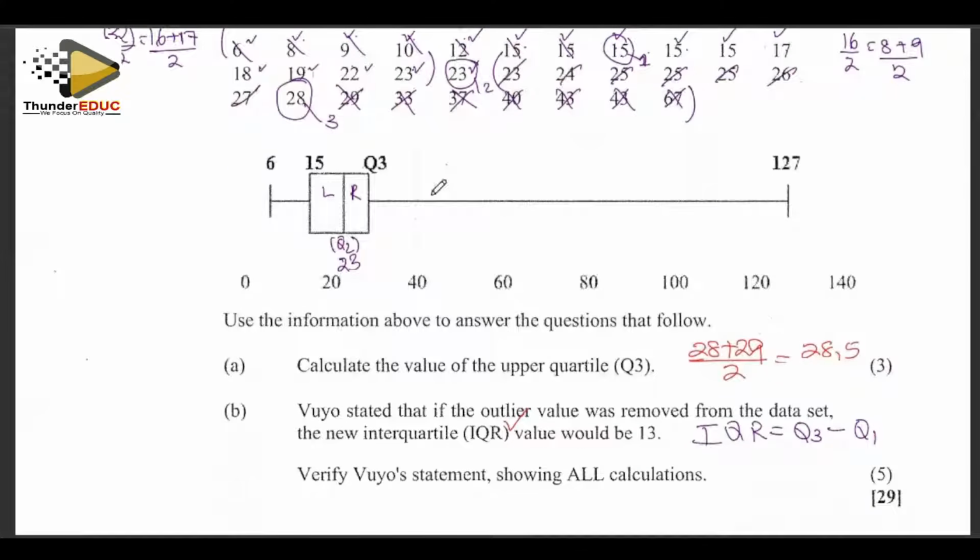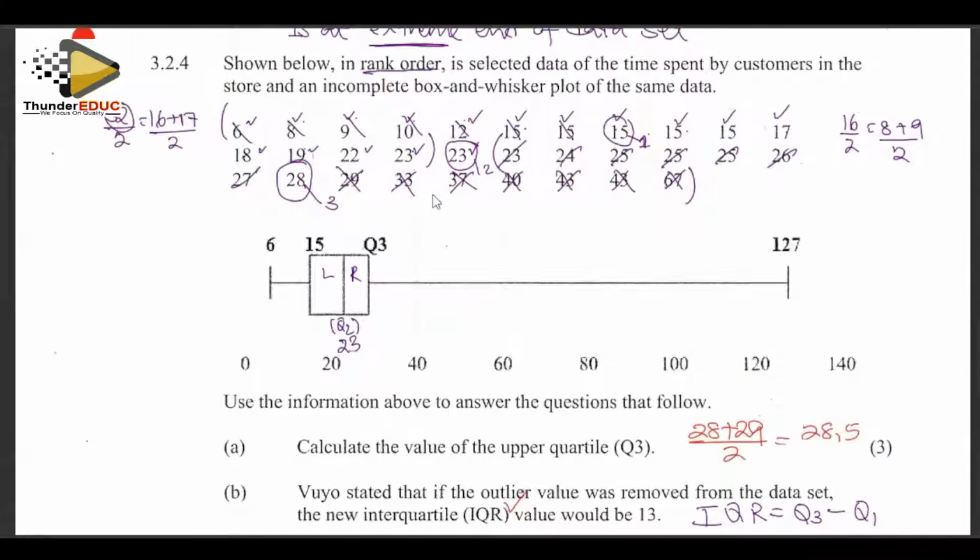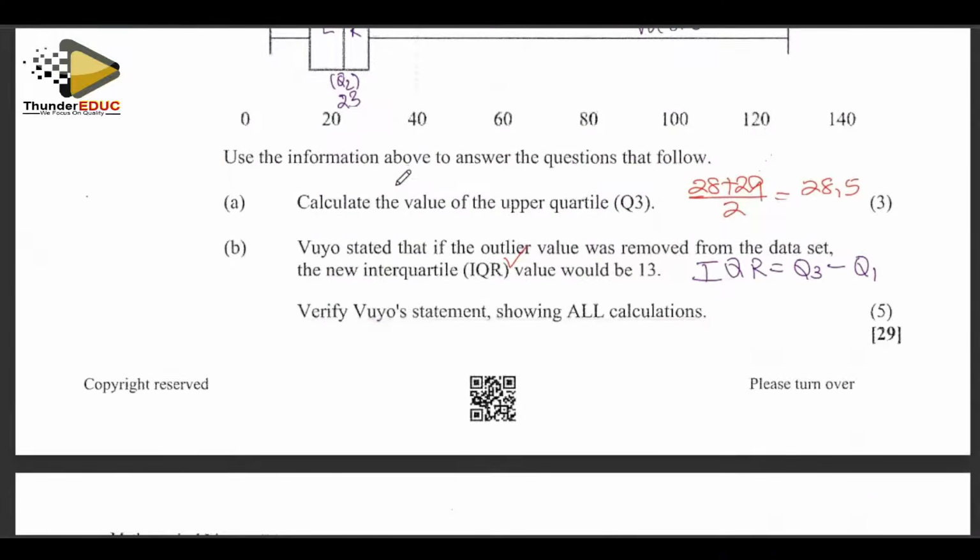So indeed, it will become 13, because you see now our IQR has become Q3, which is 28, minus Q1, and the answer became 13. So the statement is valid. The statement is valid.